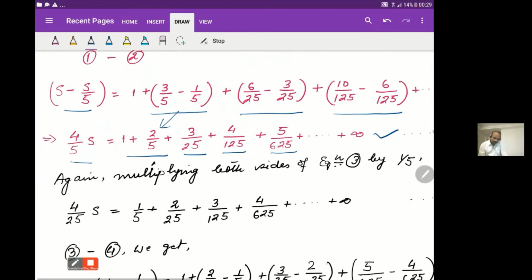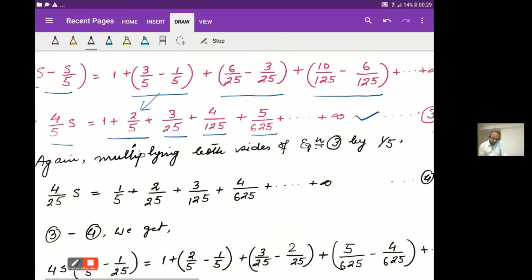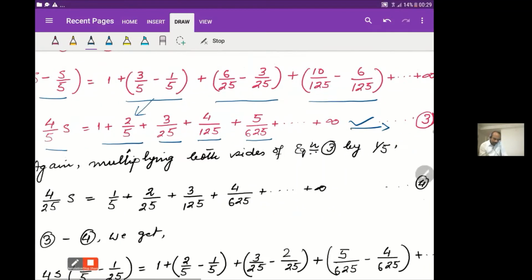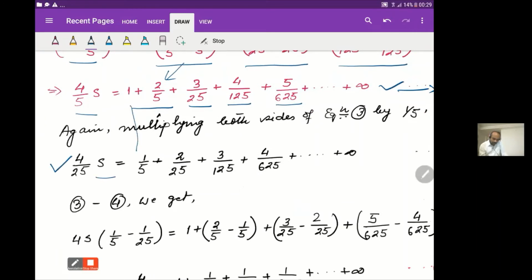So again, we multiply both sides of equation 3 by 1 by 5. We get 4S by 25, then 1 by 5, then 2 by 25, then 3 by 125, and then 4 by 625 plus dot dot dot up to infinity.